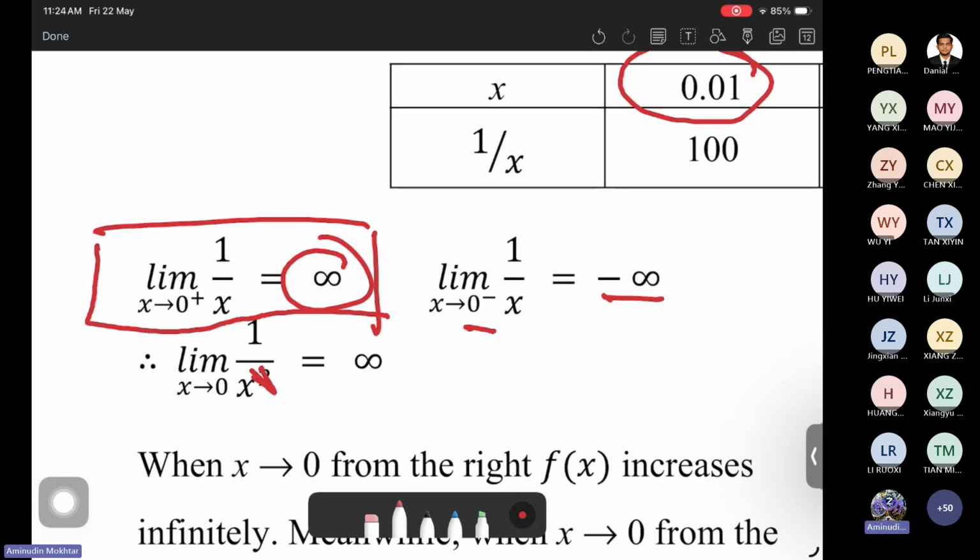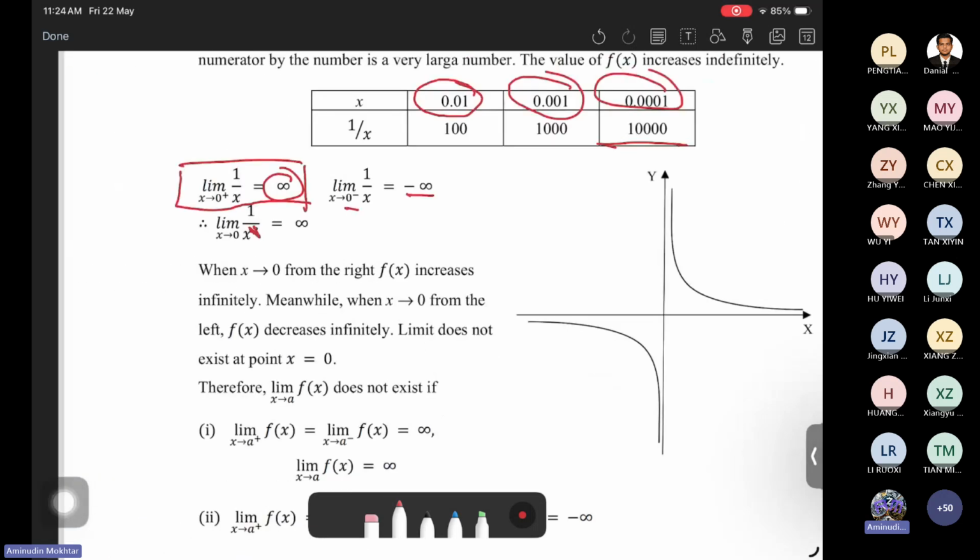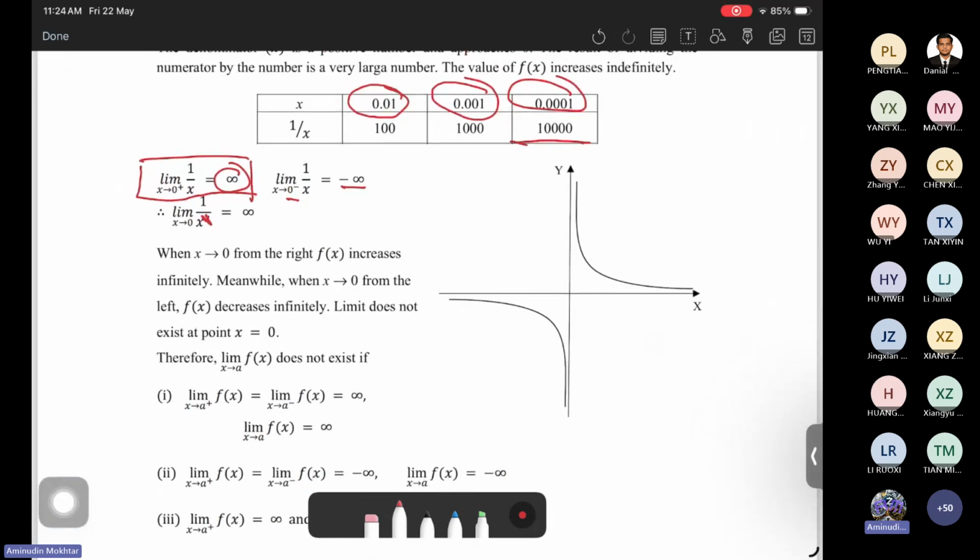Okay, when we draw the graph of this function, y equals 1 over x, this graph shows clearly what happened to the function. When x approaches 0 from the right, the value of y will approach positive infinity, increasing indefinitely.